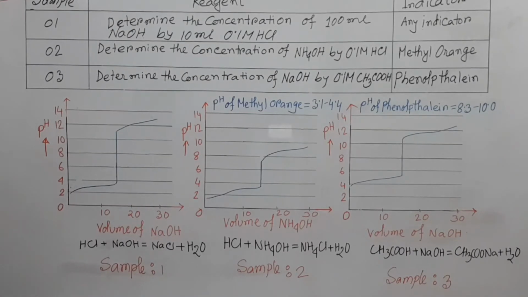My dear students, now we discuss sample 3. Here we use sodium hydroxide and acetic acid. We see that acetic acid is a weak acid and sodium hydroxide is a strong base. Here is given the graph of this titration reaction.